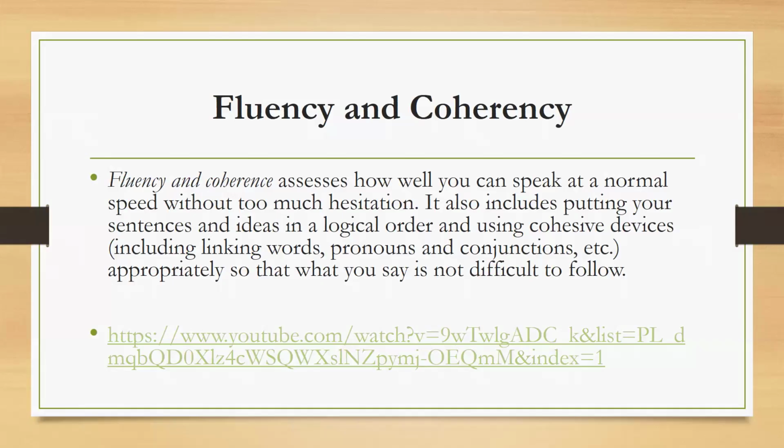Someone with a really good score speaks fluently with only occasional repetition and self-correction and develops topics coherently and appropriately. Someone whose score is not so good produces simple speech fluently, but more complex communication causes fluency problems. You'll find the full fluency and coherence descriptors on this step. Have a look at them and think about which areas you feel you need to improve most. It might be speaking at length on a topic, perhaps avoiding long pauses or overcorrecting yourself, or something else. Once you've identified what areas you want to work on, the rest of this week will help you practice and improve on them.